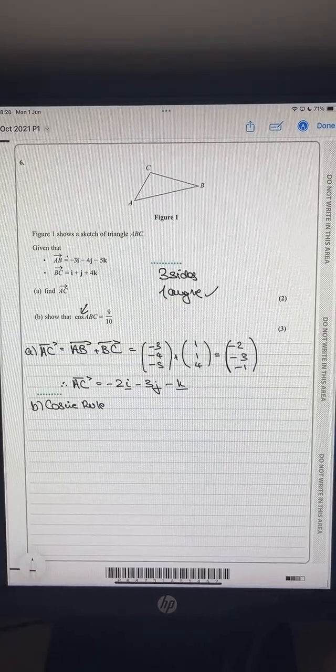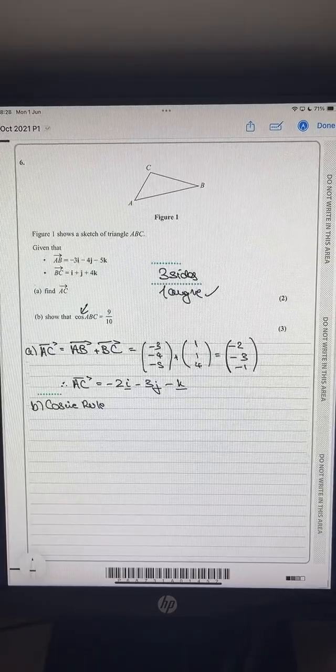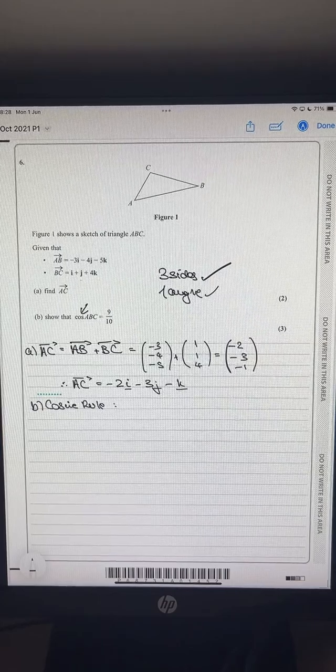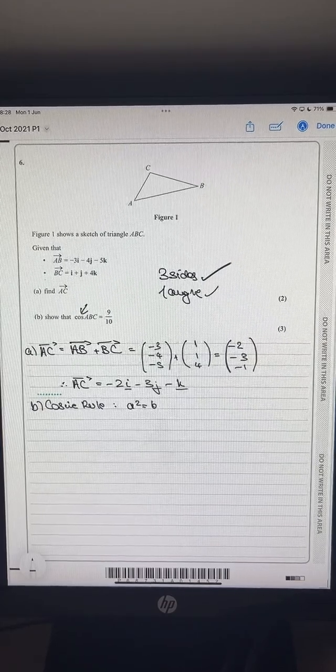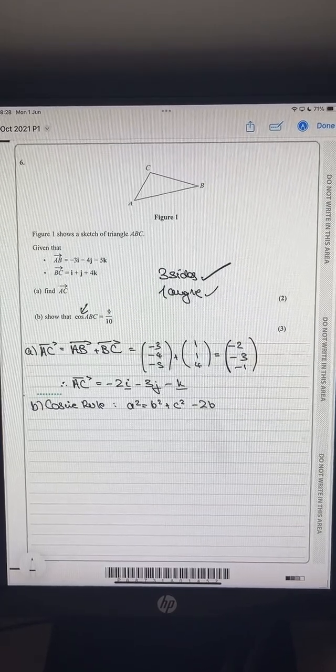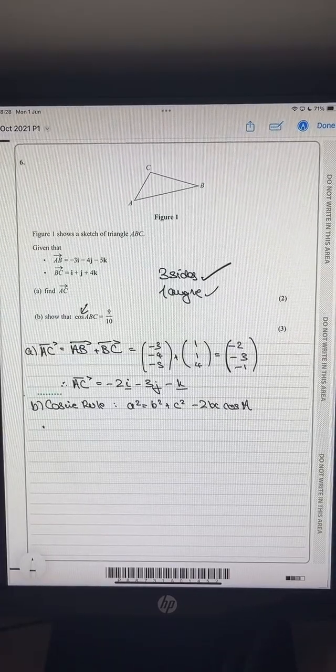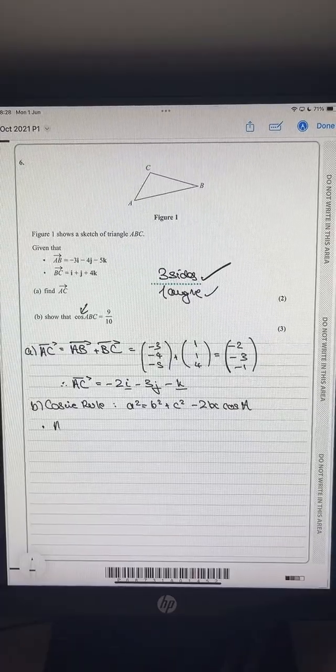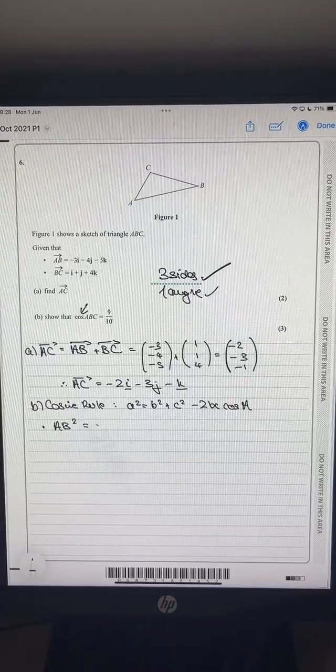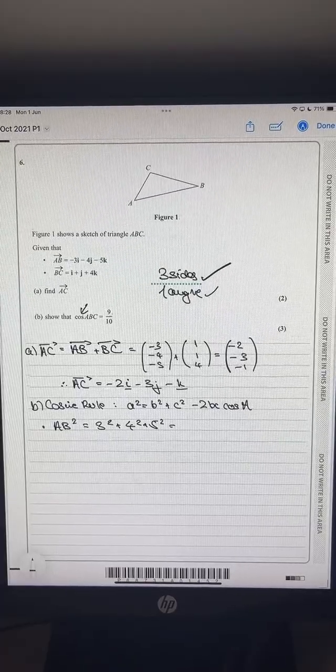Well, I have my vector 3 side lengths there, so I can just find the lengths so I can use the cosine rule. So the cosine rule is a squared equals b squared plus c squared minus 2bc cosine of A. So I'm going to just find each of my little parts. So AB squared is going to be equal to 3 squared plus 4 squared plus 5 squared. And that's going to give me 50.